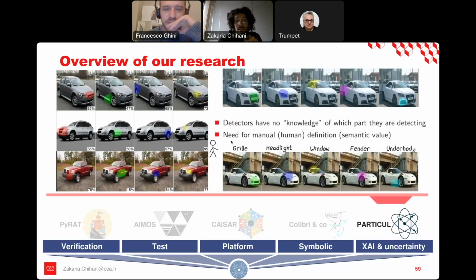So you need an extra step of human definition, a human that comes, looks at the detectors and says, all right, this one seems to be focusing on the headlights, this one seems to be focusing on the windows, etc. The good point about this is, unlike data annotation, where you pay someone to look at each picture, each input, and then say that this is the headlights, this is the immatriculation, this is the windows, the human only needs to look at some examples of what the detector sees.